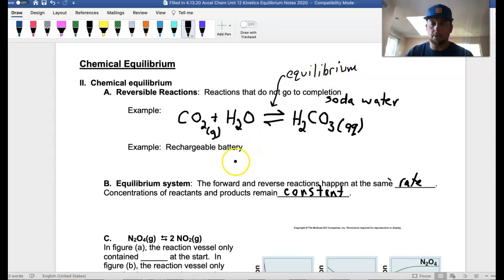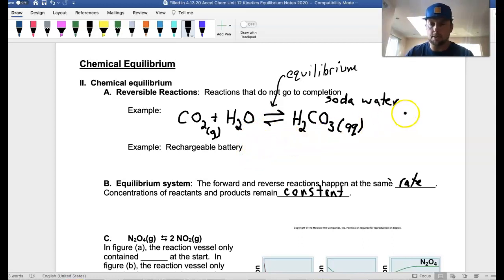So a question came up: is there a catalyst for this process? Is there a way to make this happen faster, either carbon dioxide and water turning into carbonic acid or carbonic acid turning into carbon dioxide? Your soda water has a bunch of carbonic acid, but it only releases the bubbles really slowly.